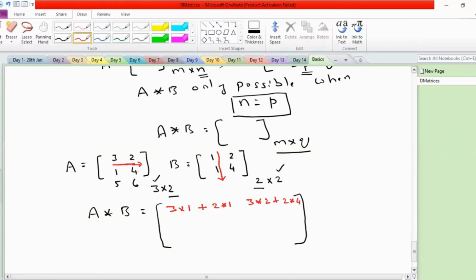Next, second row, first column, 1 into 1 plus 4 into 1, 1 into 2 plus 4 into 4. Third row, first column, 5 into 1 plus 6 into 1, 5 into 2 plus 6 into 4.